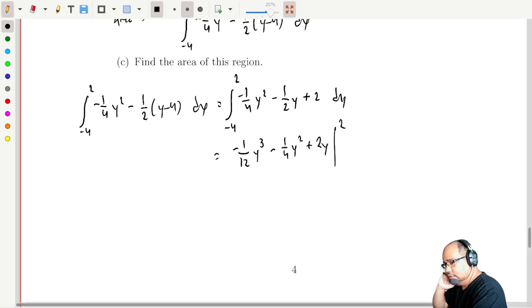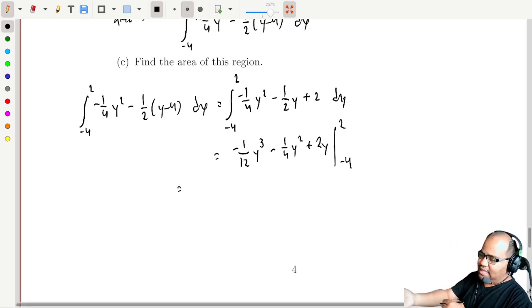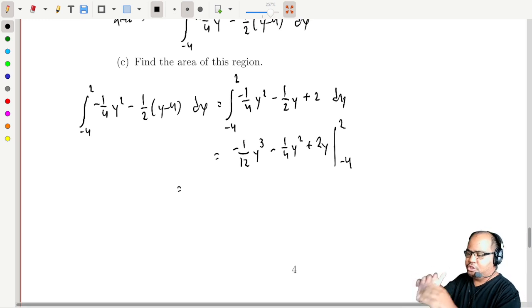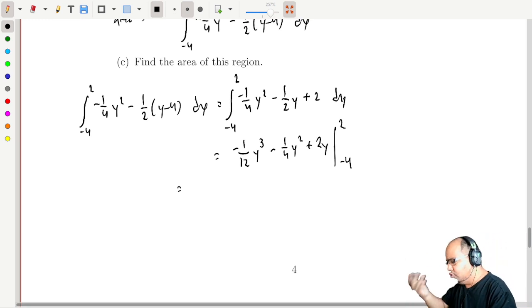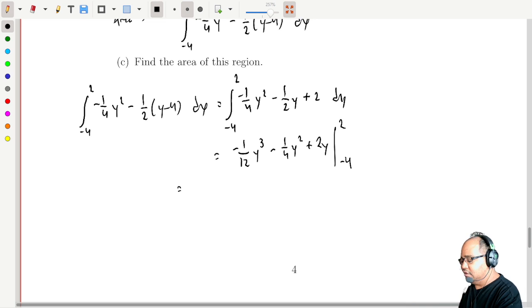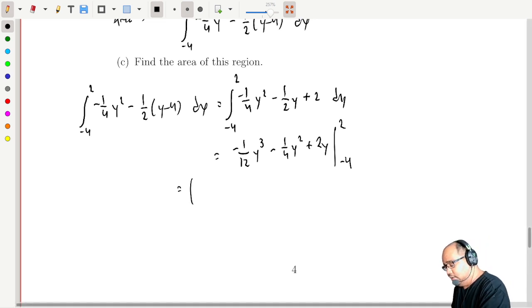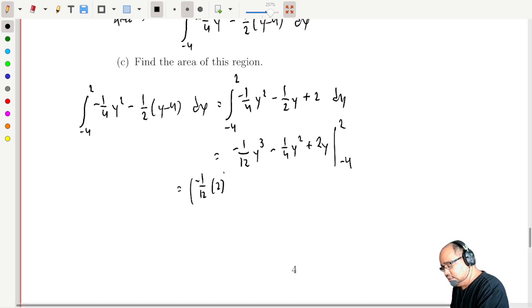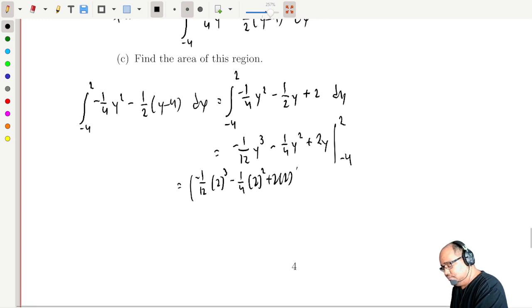We'll go ahead and evaluate on the boundary. And just to do what I did last time, I'll write down what the evaluation step looks like. That way we all know how to punch it into our favorite calculators without any error. So we will have negative 1 over 12 times 2 cubed minus 1 over 4 times 2 squared plus 2 times 2.